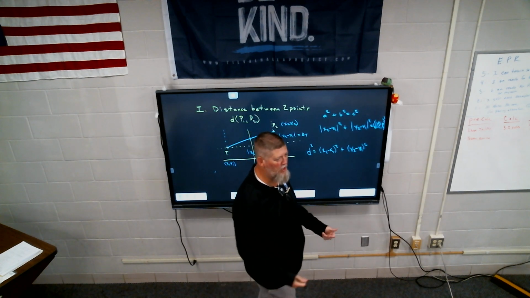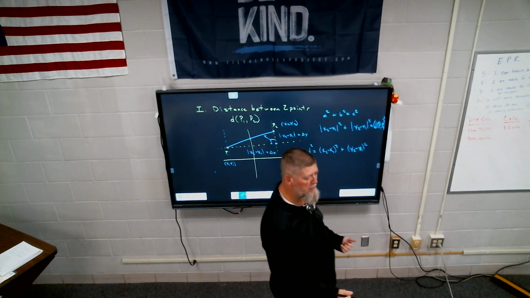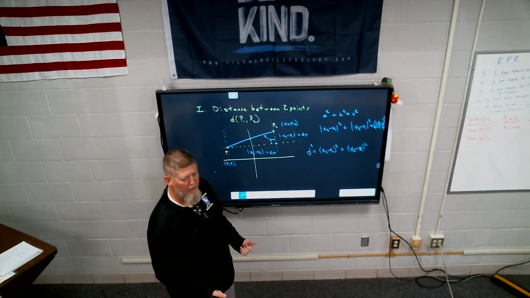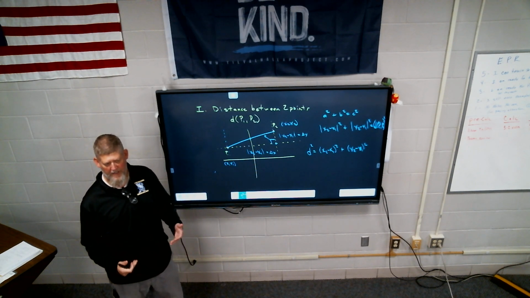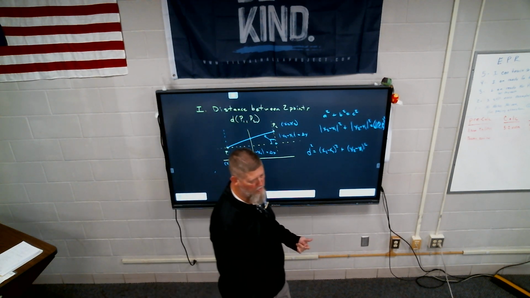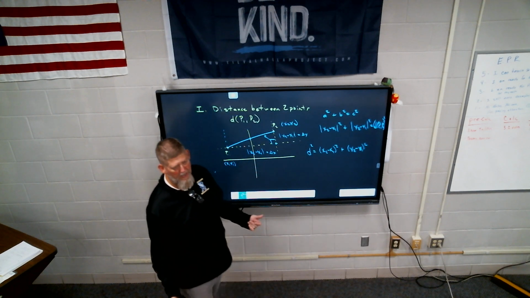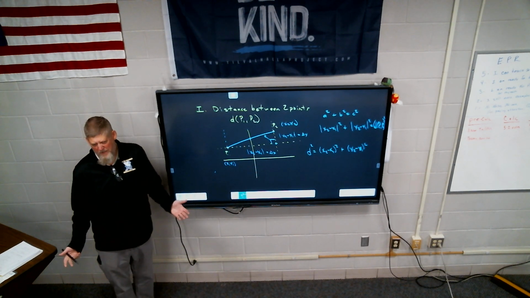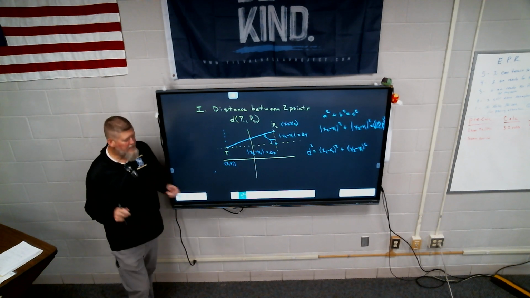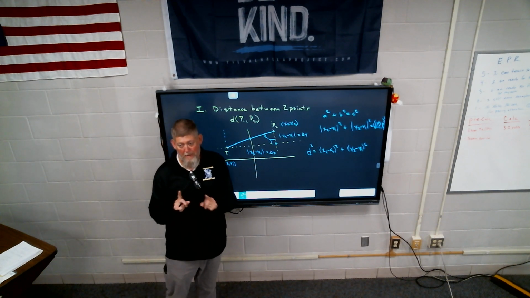Okay, so if my car goes in reverse, does the odometer go backwards? No. If you think it does, watch Ferris Bueller's Day Off. So the odometer doesn't go backwards. You're still traveling distance, right? If I go back 3 steps, how many steps have I taken? 3 steps. So can distance ever be negative? No. So when I take the square root, all I have to do is focus on the positive one.